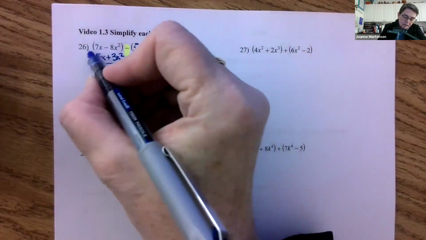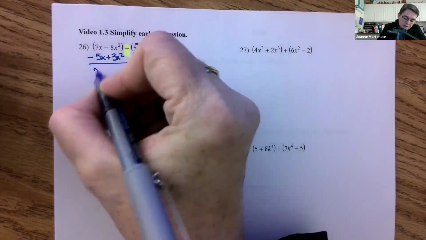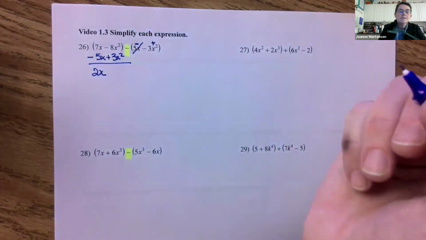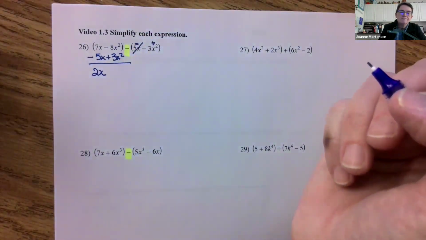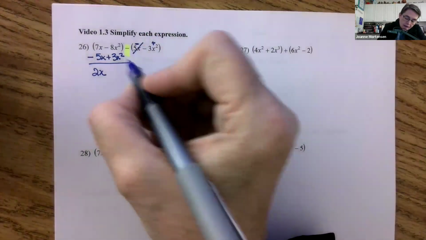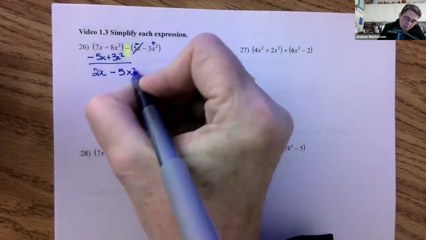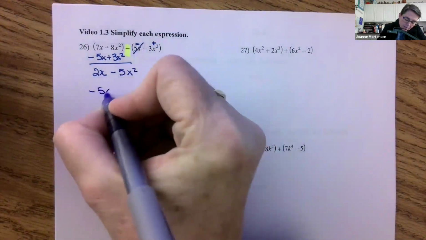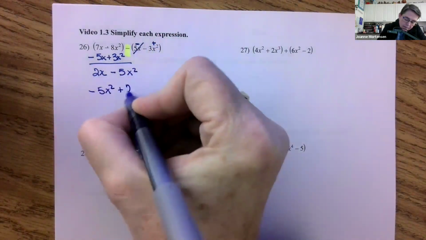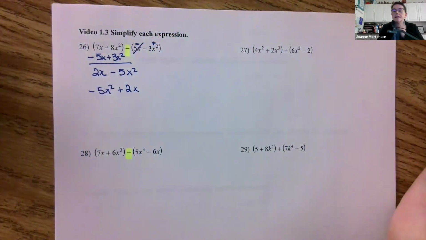So 7 plus minus 5 is 2x. Notice it's just plain old x, there's no change in the variable. Now we have negative 8 plus 3, so it's going to give me minus 5x squared. I'm going to rewrite it in descending power.